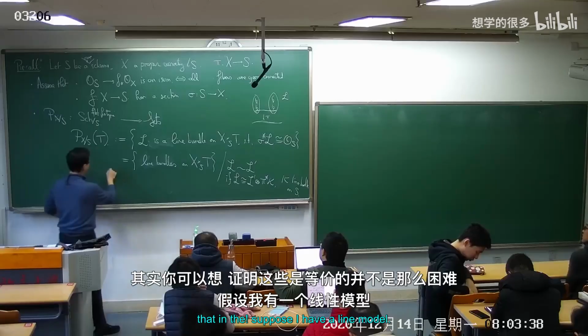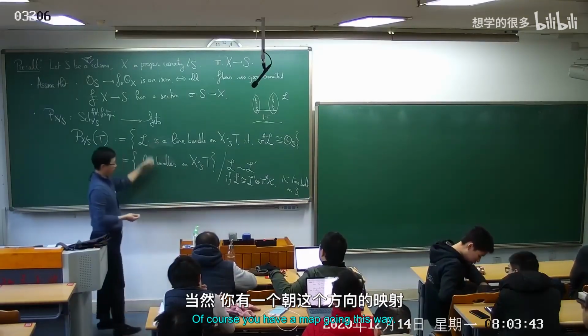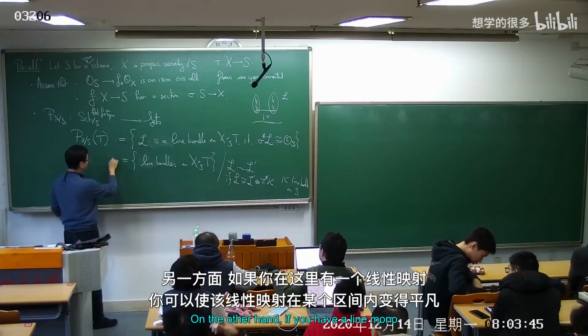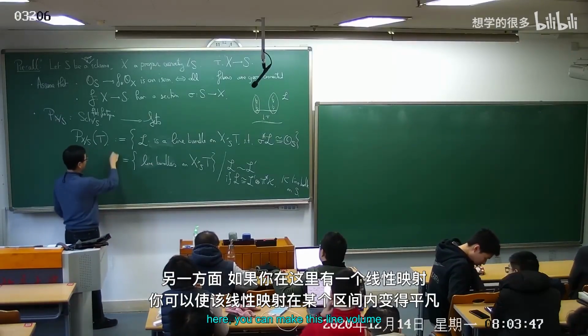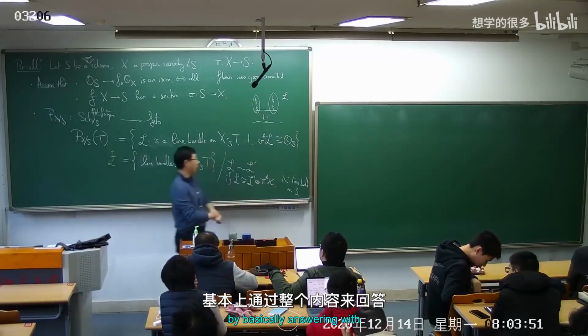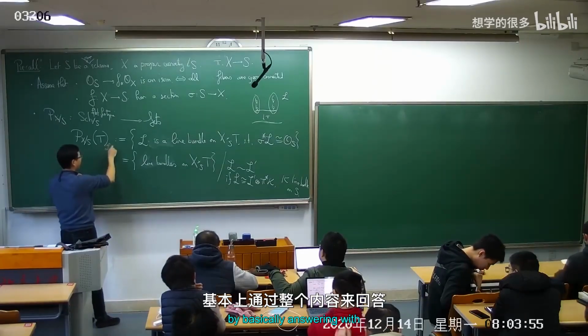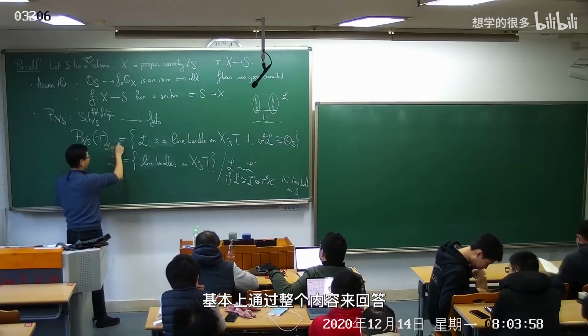So suppose I have a line bundle. Of course, you have a map going this way. On the other hand, if you have a line bundle here, you can make this line bundle trivial on a section by cancelling with the pullback.